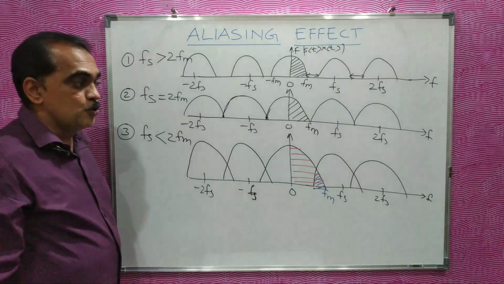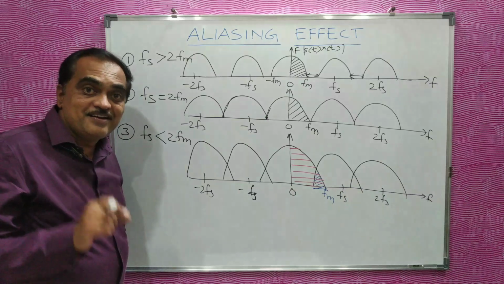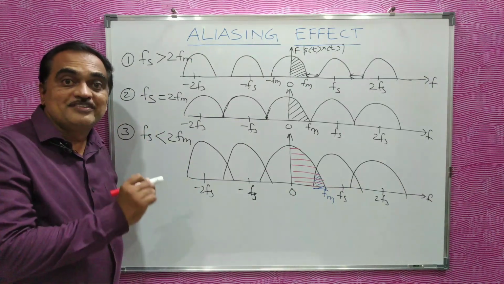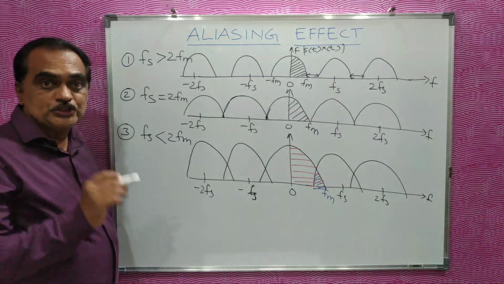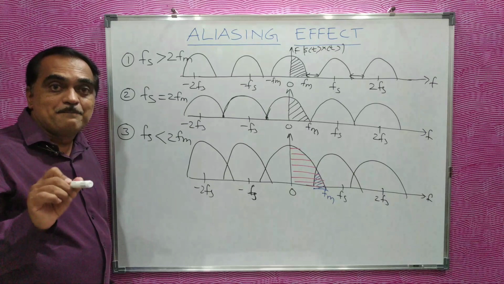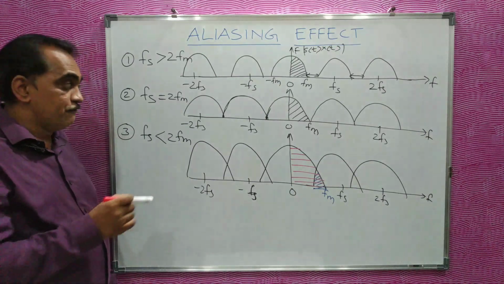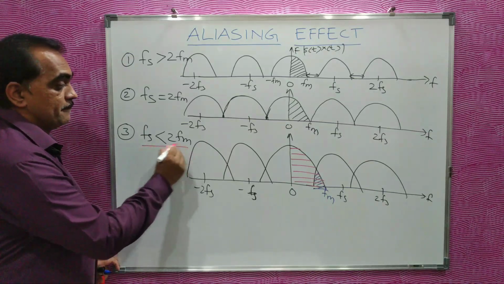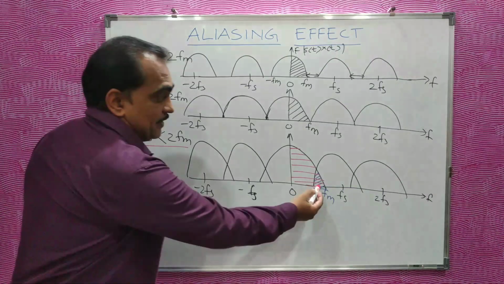Because of this overlapping, you cannot build any low pass filter and reconstruct your original signal back. So this is an error, a distortion which takes place because you are not maintaining the sampling frequency Fs equal to or greater than twice Fm. You have taken the sampling frequency Fs less than 2Fm. Because of this undersampling, the overlapping takes place.